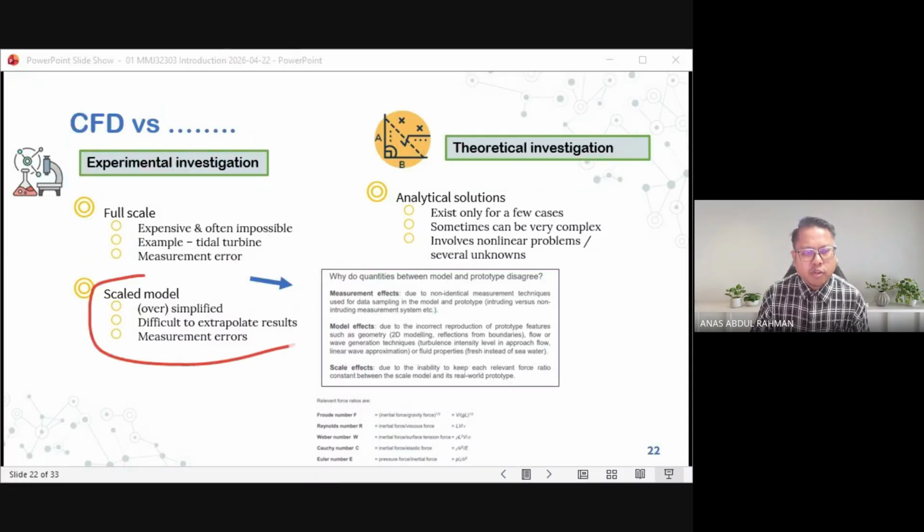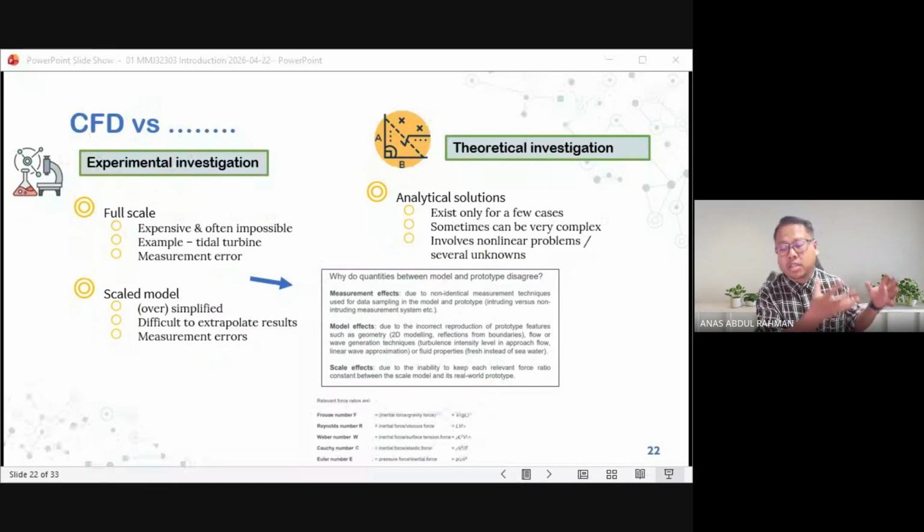For example, for the tidal turbine, instead of 25 or 30 meters long, we can do a scale model, but usually the physics of it is oversimplified, and again it involves measurement error. We cannot replicate 100% of what is happening in a large-scale model with the scale model.